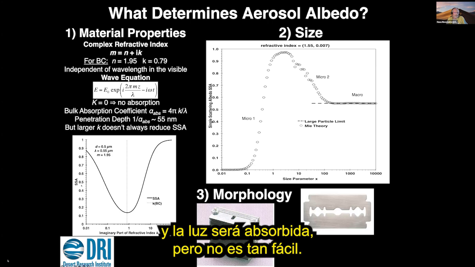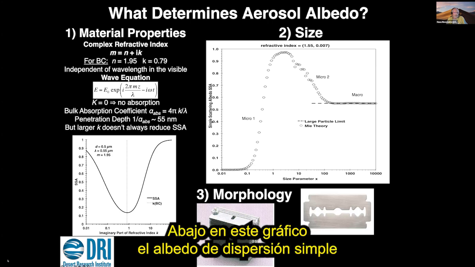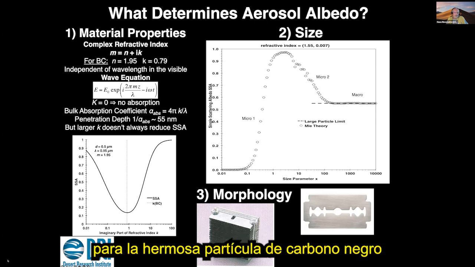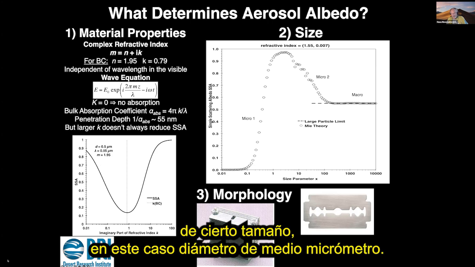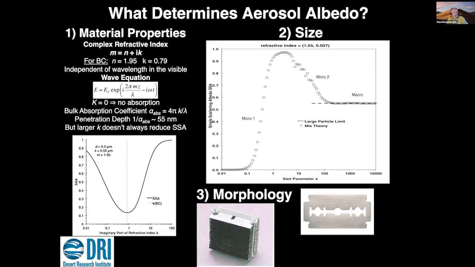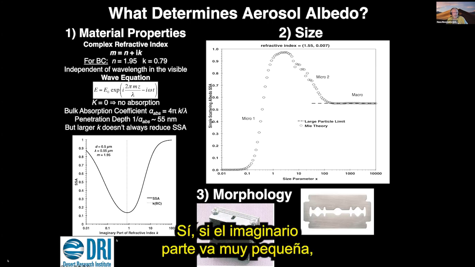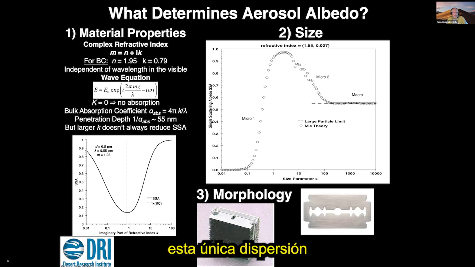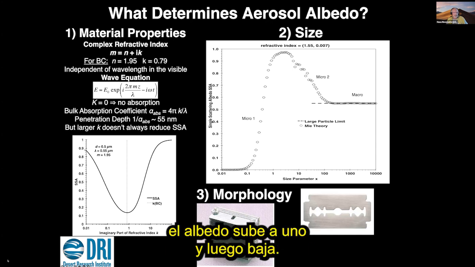But it's not that easy. Below here on this graph, I plot the single scattering albedo for a black carbon particle of a certain size, in this case diameter half a micrometer. And what we see, yes, if the imaginary part goes very small, the single scattering albedo goes up to 1, and then it goes down.